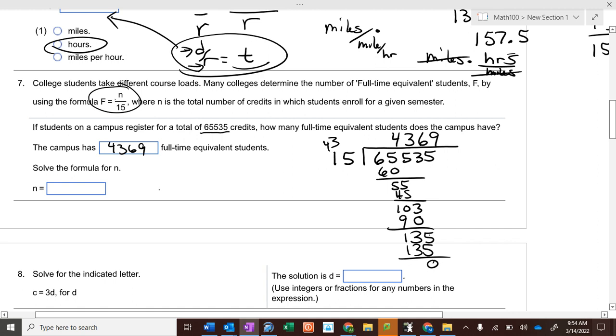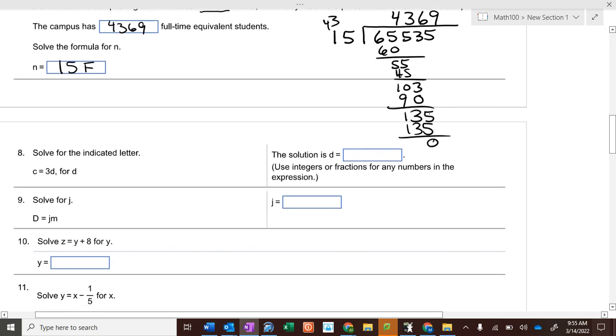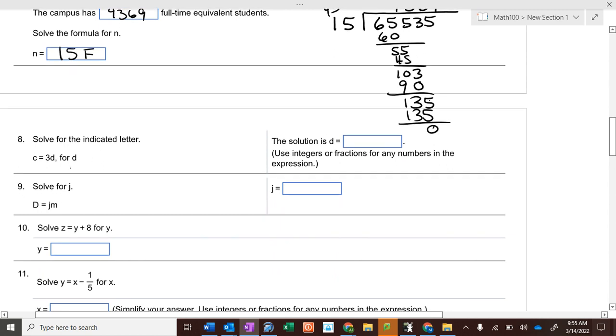Now, if we solve for N, if we got N alone, what would we do to both sides? Divide by 15? Multiply by 15. It would be 15F if we multiply by 15. Okay? All right. How do we solve this one for D?